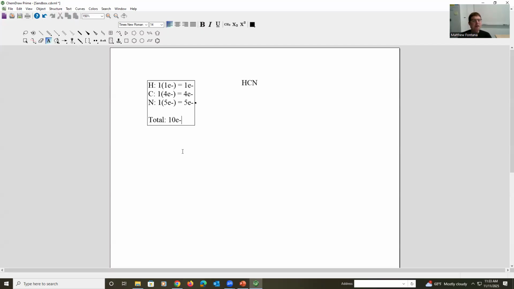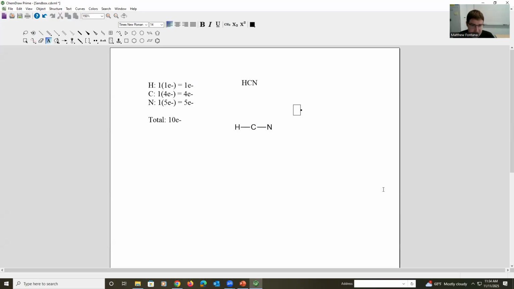That means the order of the atoms follows the same order as in the actual molecule itself. Because the molecular formula is written as HCN, I should write the order of the atoms as HCN as well. So that's that part.